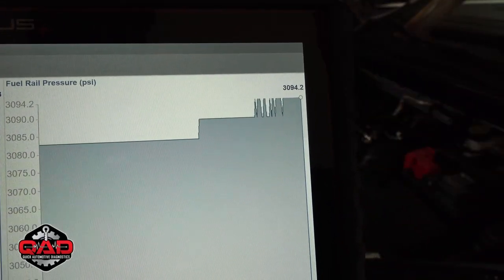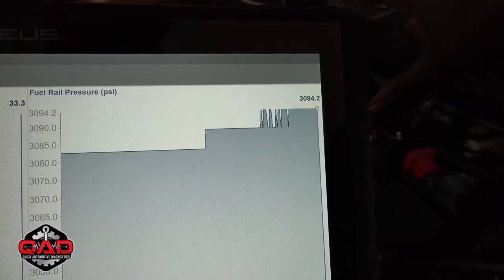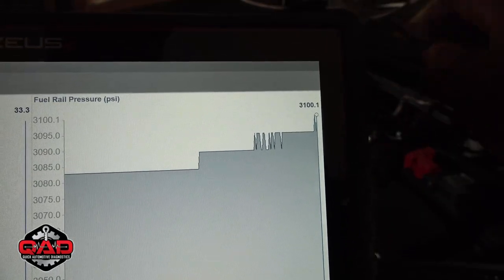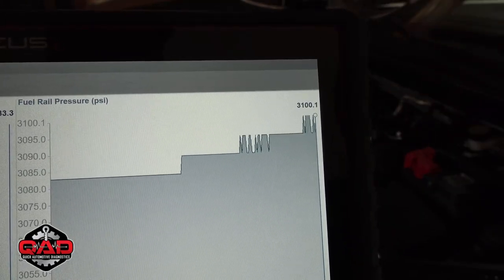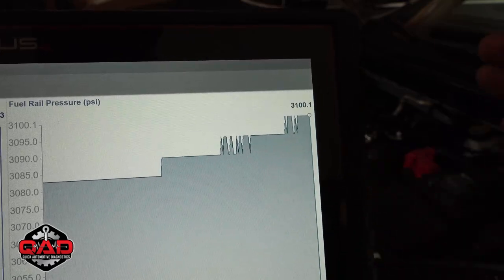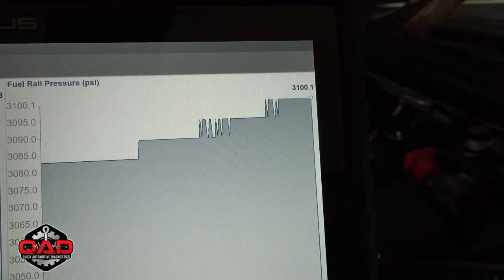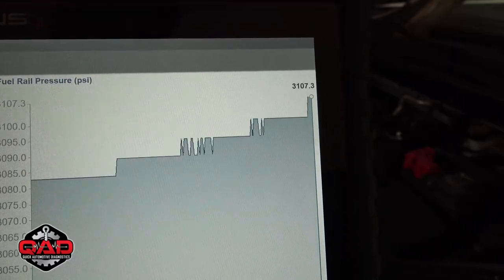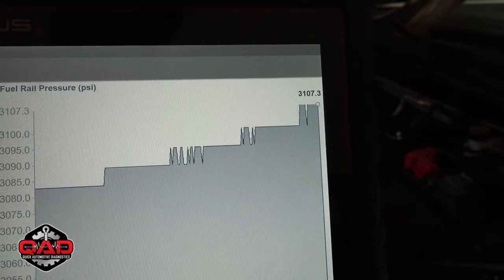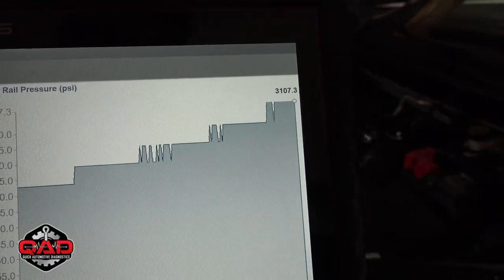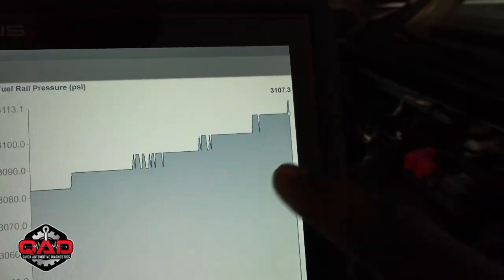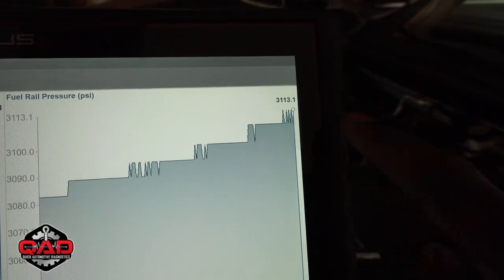It's because the fuel in there is now increasing pressure, even though I shut off the engine, because it's warm. So it's actually a perfect seal, so it will increase in pressure because it's in the rail and it's kind of hot. So that's a good indication that you don't have any leak.